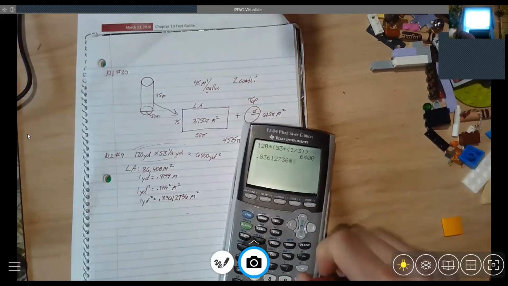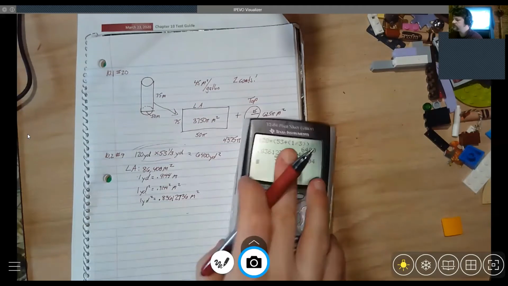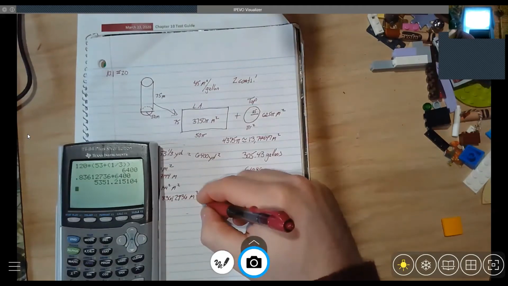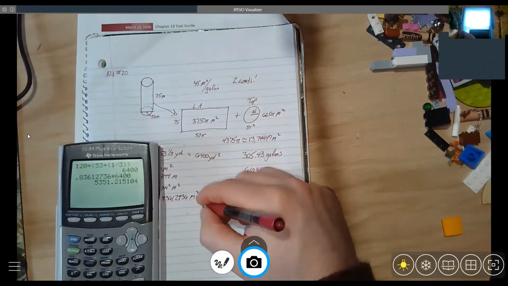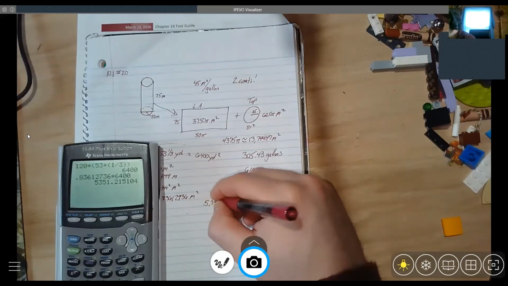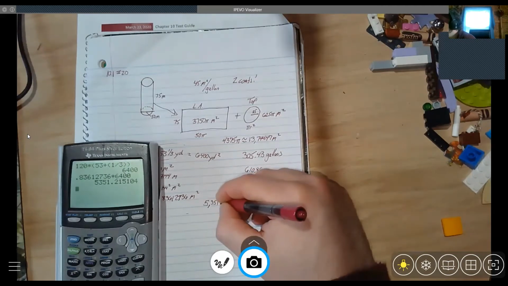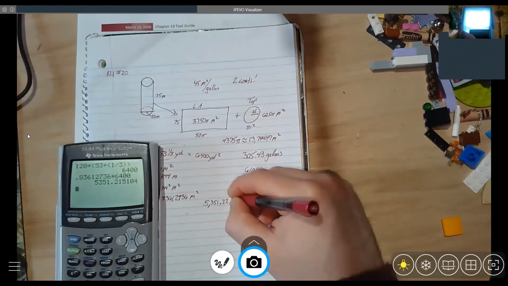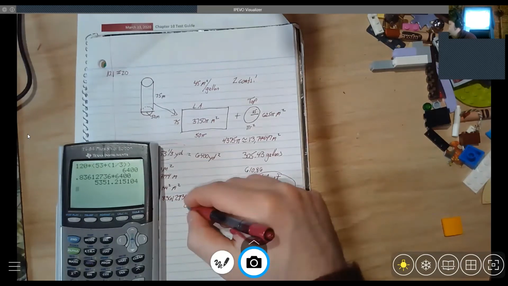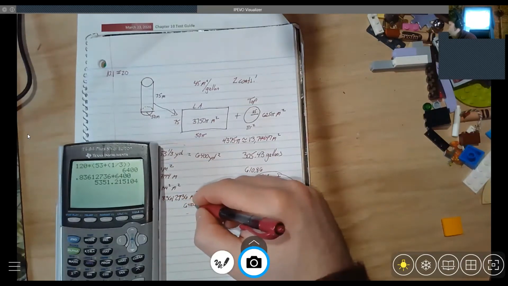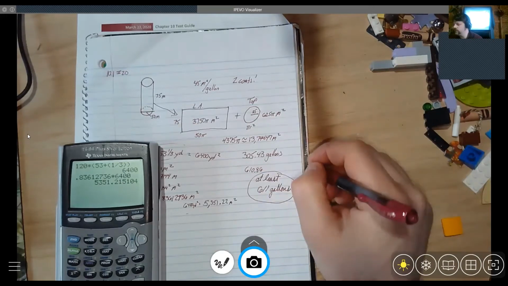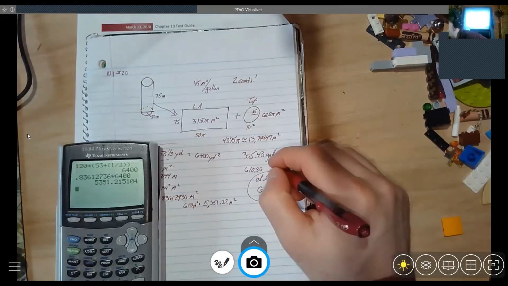We're going to multiply this by how many yards we have, and that's going to give us 5,351.22 meters squared. So our 6,400 square yards is 5,351 meters squared.